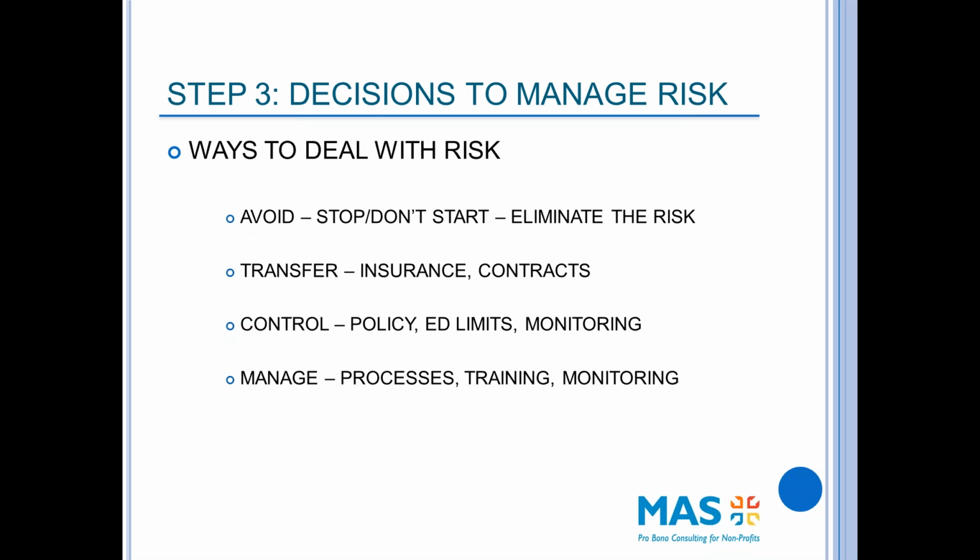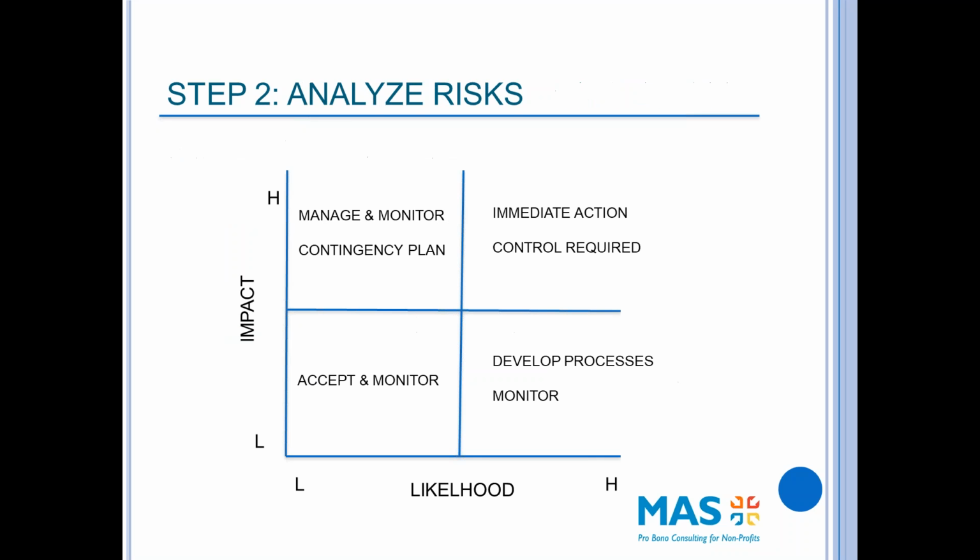So I can then look at the risks. Once I have assigned a likelihood rating and an impact rating to the risk, I can look at what I might want to do about it. This is just a way of thinking about what you need to do.